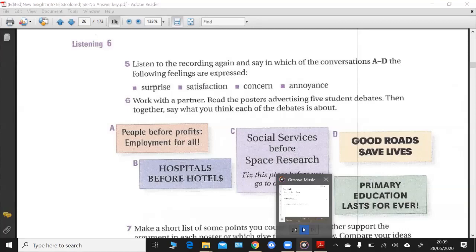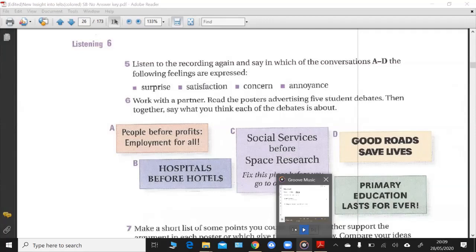Concern, I think. I have a concern. I mean, a lot of people are having concern these days that they might lose their job. So if you have the feeling that you might lose your job, will you be annoyed, or will it be a concern for you? It will be a concern.